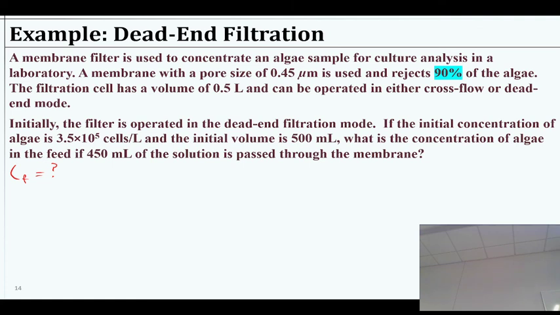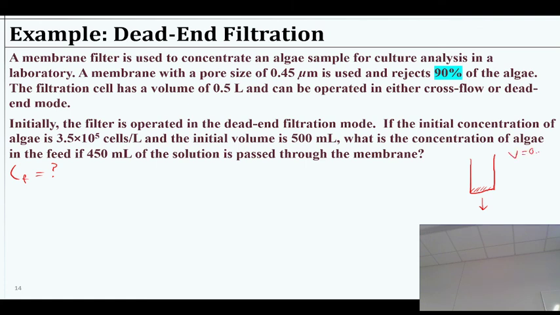Yeah, it's the vertical one with something going in, something coming out, but we already know it's going out because once it comes straight to the feed, 450 milliliters of the solution is passed through the membrane. So it's 450, not necessarily the permeating.